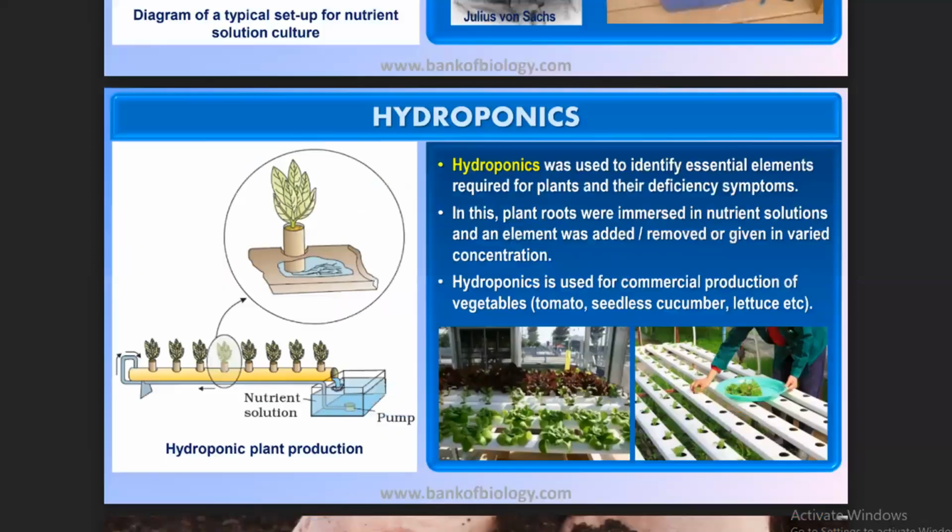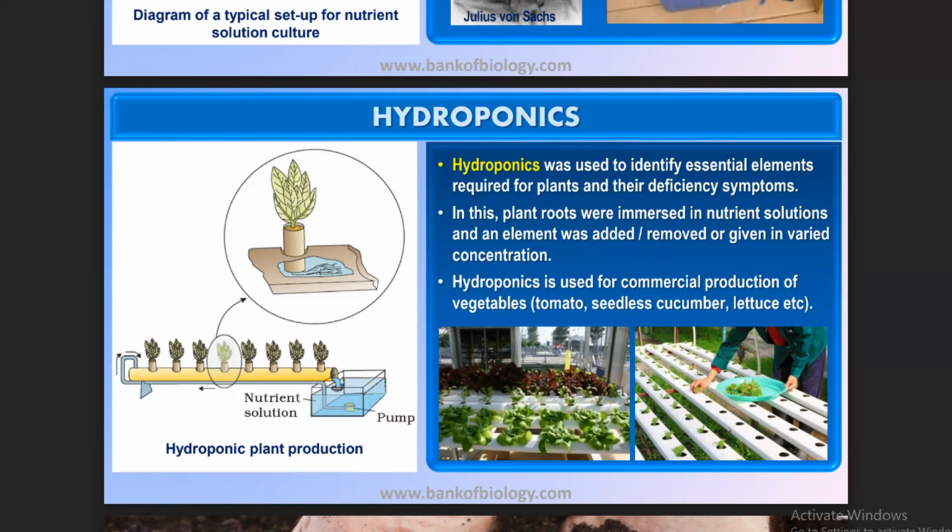Now there is one advantage of this technique. Hydroponics was used to identify essential elements required for plants and their deficiency symptoms. There are so many mineral nutrients, and all are together, not separate.